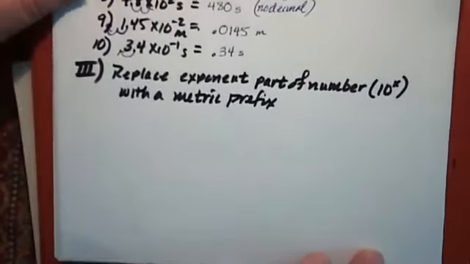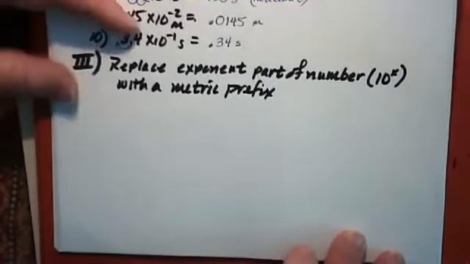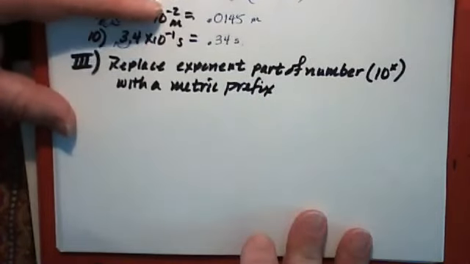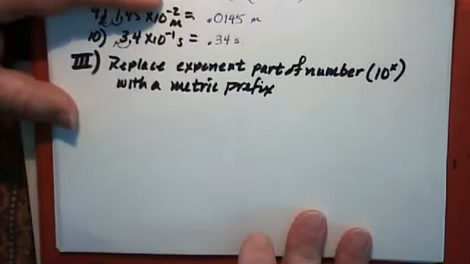Because that's essentially what metric prefixes are. They're multipliers, as I mentioned, which correspond to a certain factor of 10.